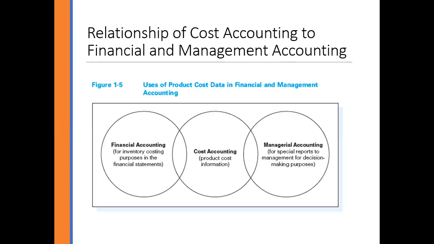And as you see here, both financial and managerial accounting rely on cost accounting procedures and cost accounting information. So they really are all three interrelated in that way. Financial accounting focuses more on preparing information according to the regulatory agencies for external users. Managerial accounting focuses more on internal users and preparing internal reports for decision-making purposes, right?